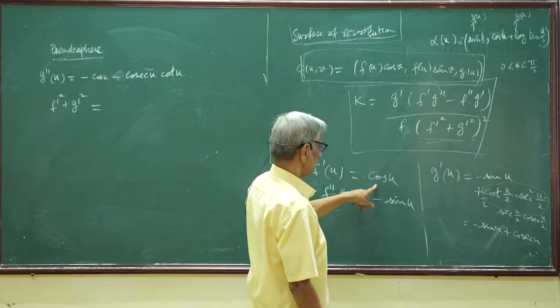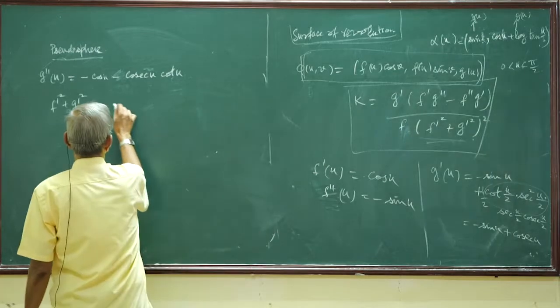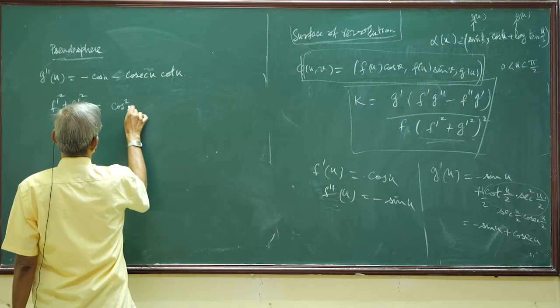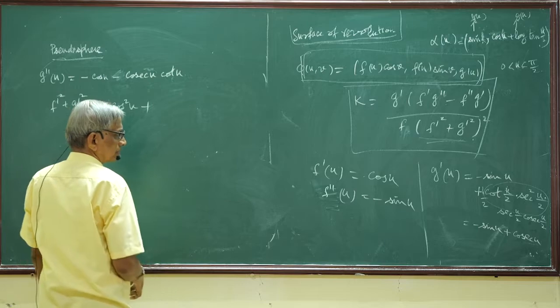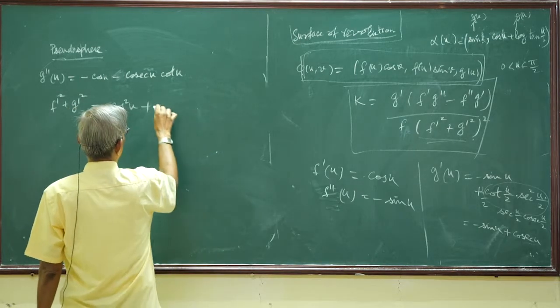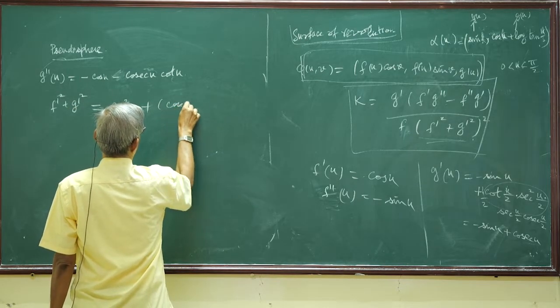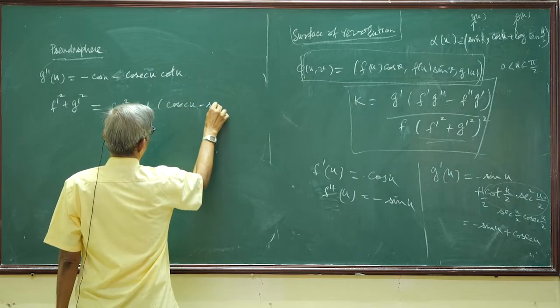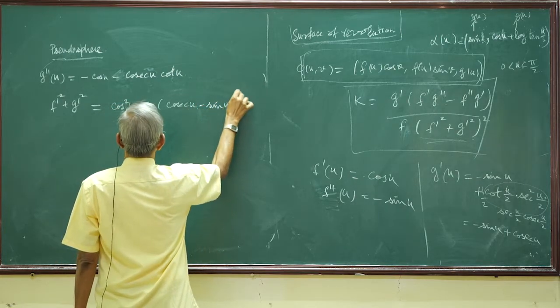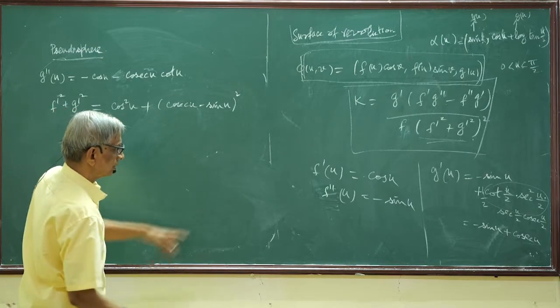F dash square is cos square, and g dash is cosecant u minus sin u, whole square. Is that right?